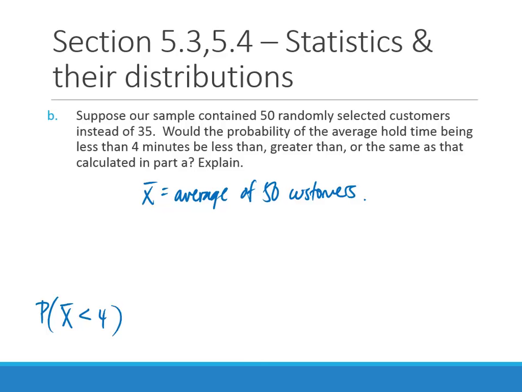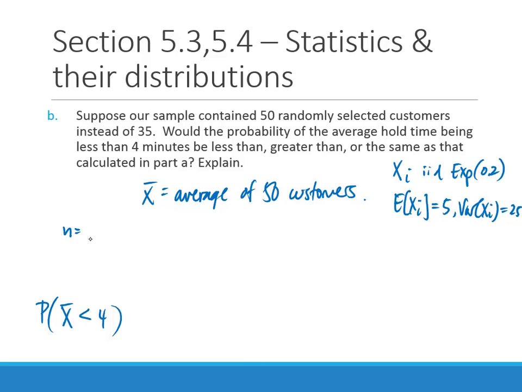So now with the same random sample, the xi's are still IID exponential 0.2, so their expected value is the same. The mu is still 5, and the variance of xi is still 25. And the sample size is still bigger than 30.